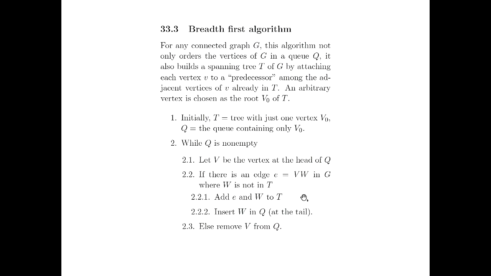And then once we've done that fully for a vertex, we drop it out from the head of the queue, and then we repeat the process at our new head of the queue, right? Remembering, of course, we only add edges in when they're new places, places we haven't seen before, because otherwise you'd make cycles, right? And we don't want to do that.